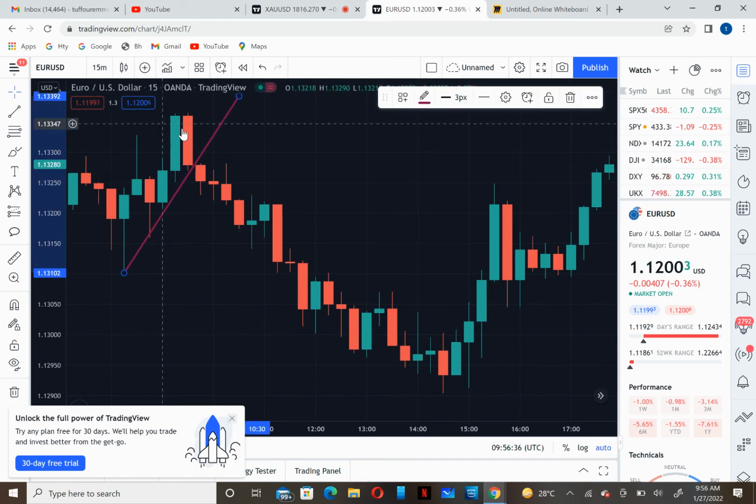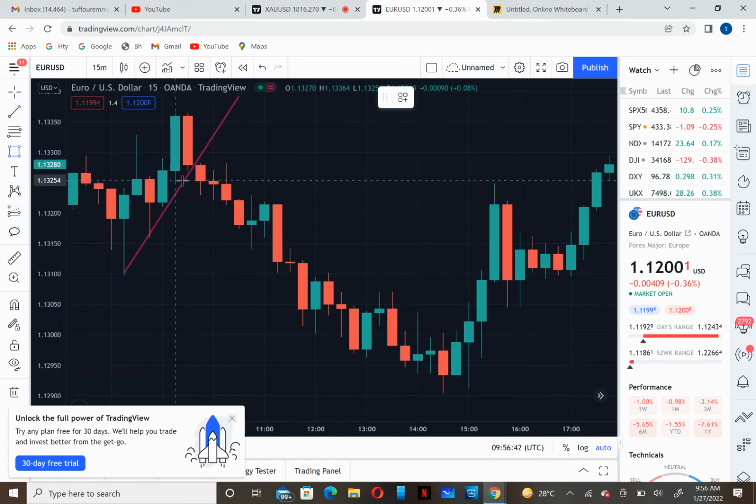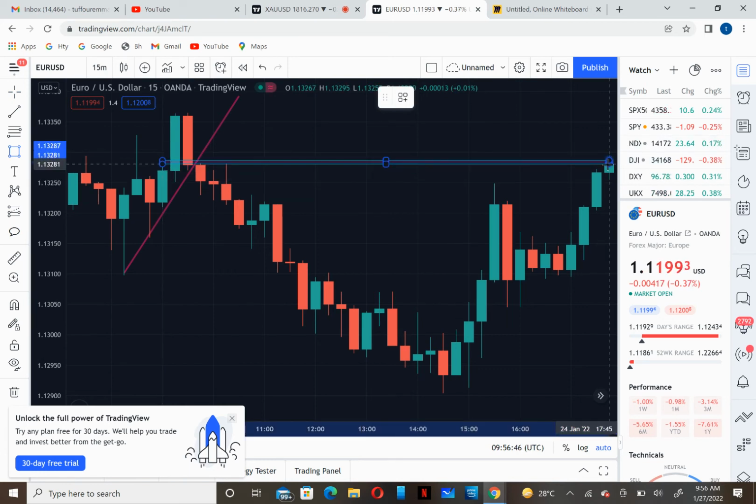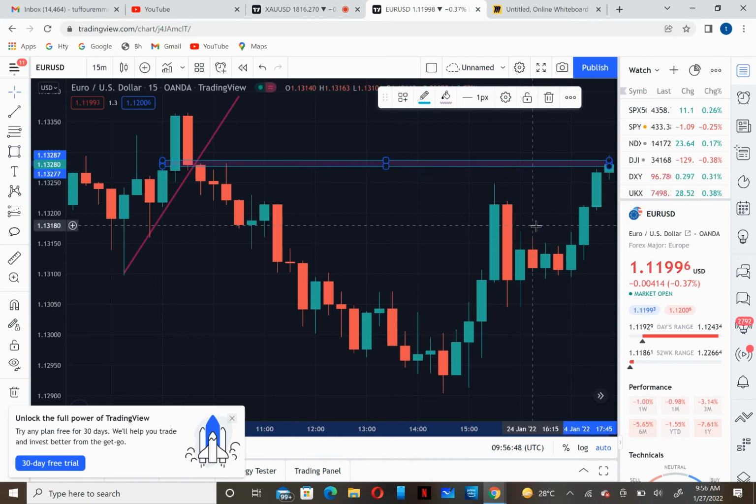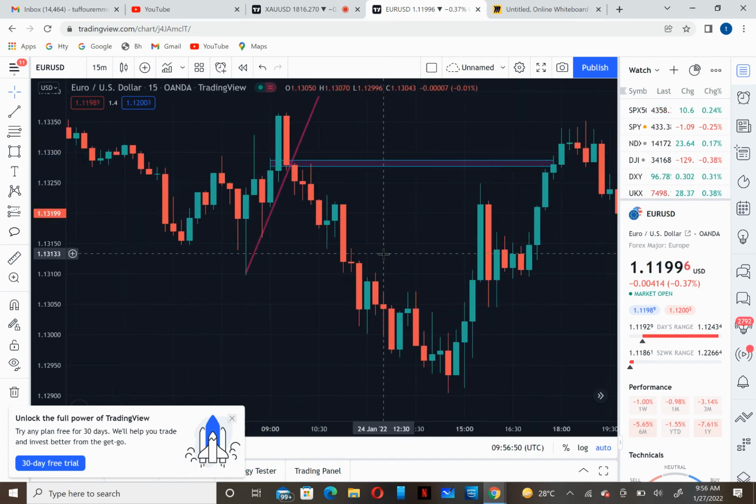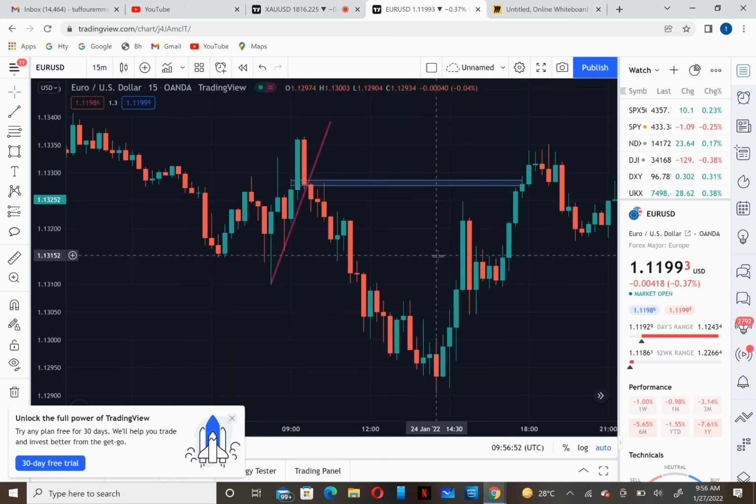The price started breaking and then boom, a new zone. You can see it here. It came back. So always the price will come back to that same point again.